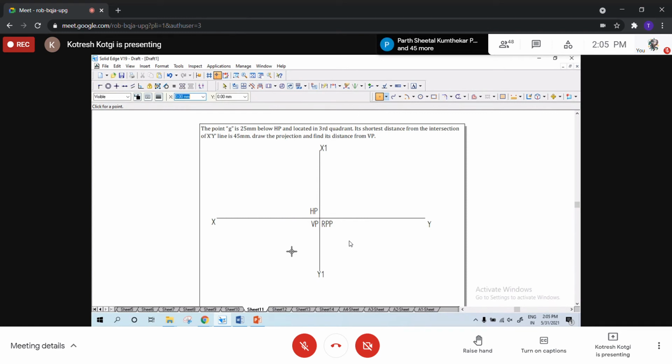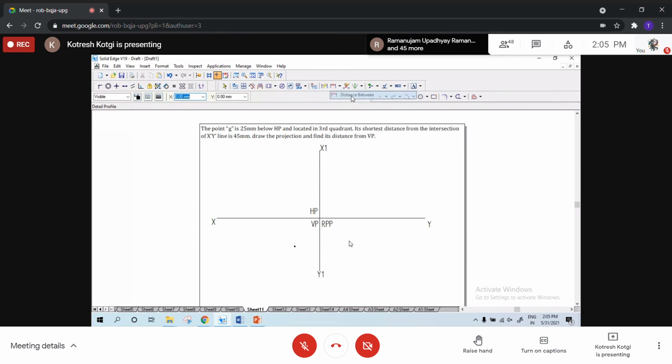What I'll do, I'll just draw the front view because the front view data is given. I cannot start with the top view because data is given for the front view. That is why I'm starting with the front view. I'll keep a convenient distance from RPP and then draw the front view. So now I have drawn the point. Now I'll fix the dimension.